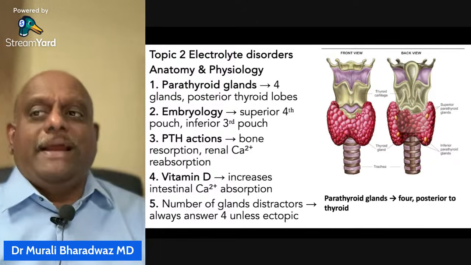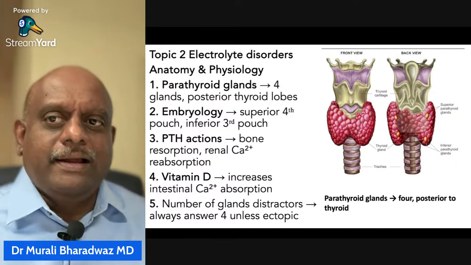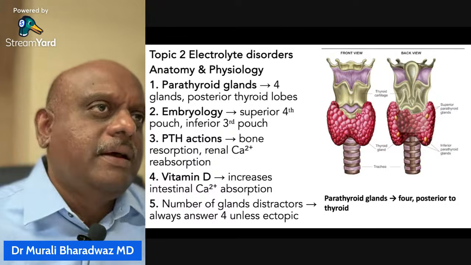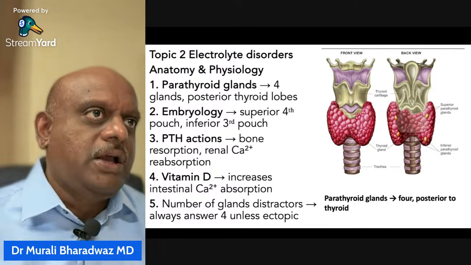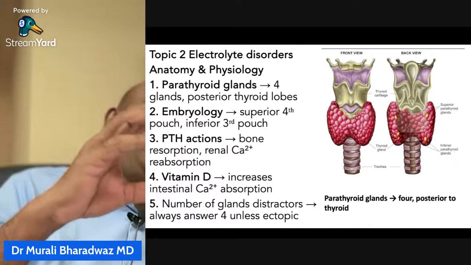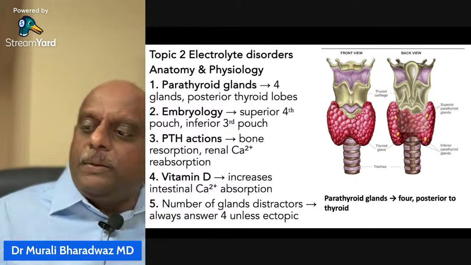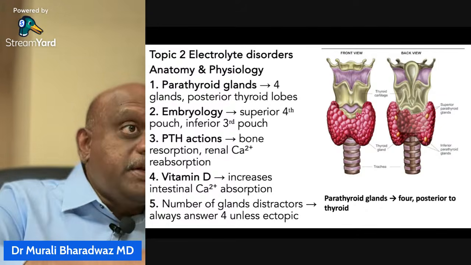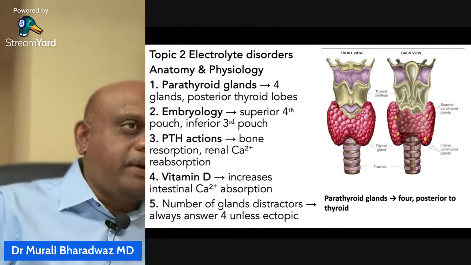What is the action of PTH? It resorbs the bone and it will affect the renal calcium reabsorption. Always remember, PTH in the proximal tubule increases reabsorption of calcium, but increases the excretion of phosphate. It leads to phosphaturia.